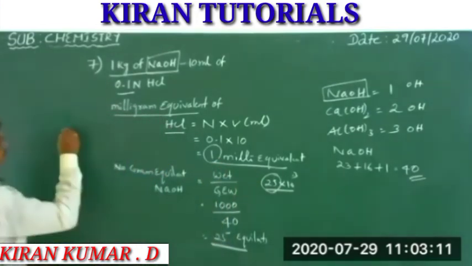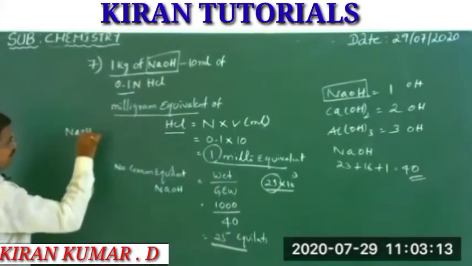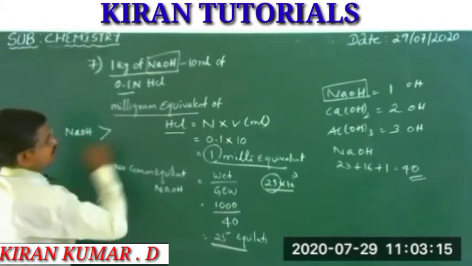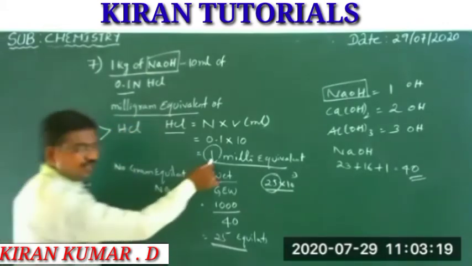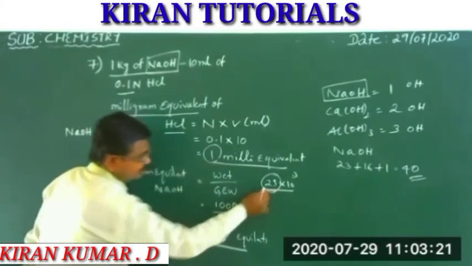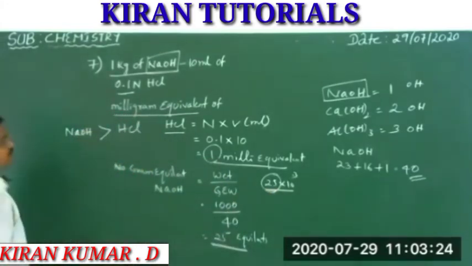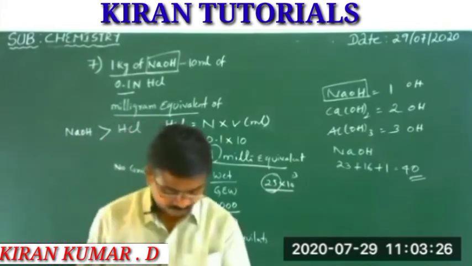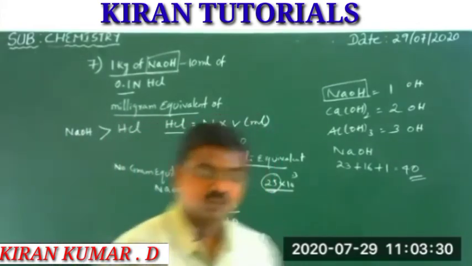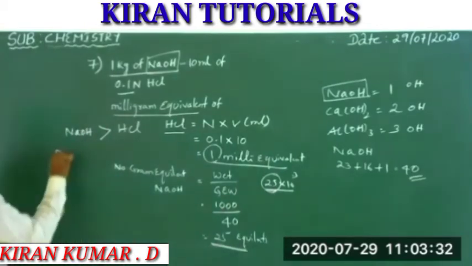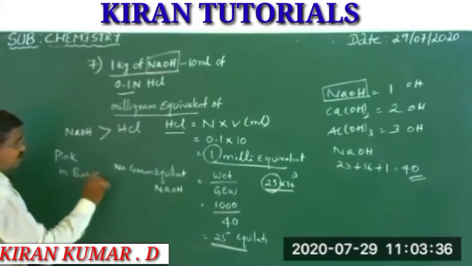Which is greater? Sodium hydroxide milli equivalent is greater than HCl milli equivalent. Here value is 1, here 25. So option, the second option. Phenolphthalein is pink in basic solution. Why?